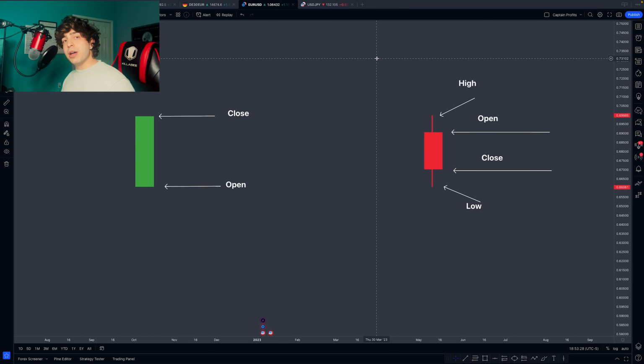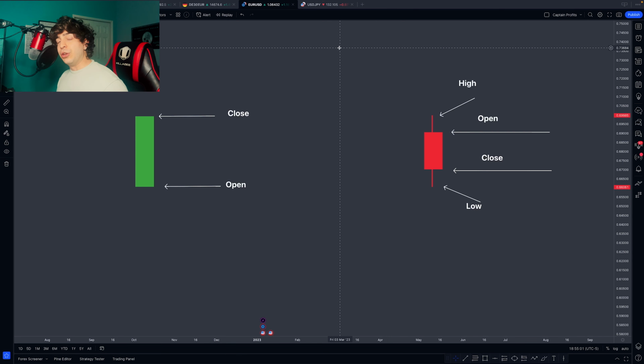And these parts are measured within a certain time period. So you can have the daily candlestick, which measures all the data that happened within a day. You can have the 5-minute candlestick, which measures all the data that occurred within 5 minutes. And when I'm saying data, I'm referring to the price fluctuation that occurred within that time period. Knowing about candlesticks is a great way to help you understand the market movements and make better trading decisions.